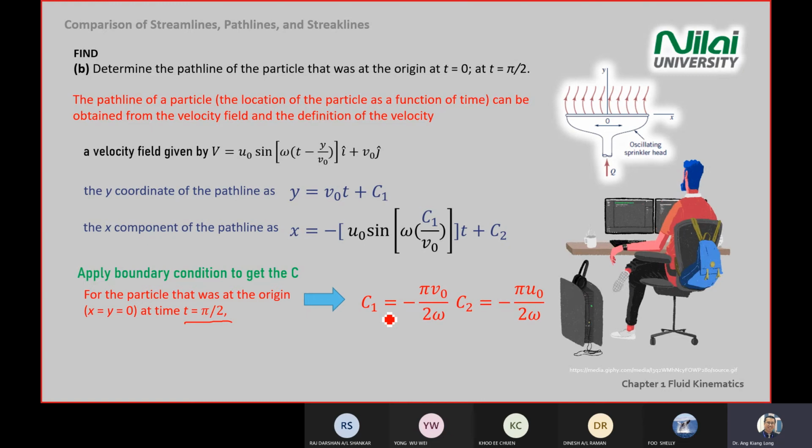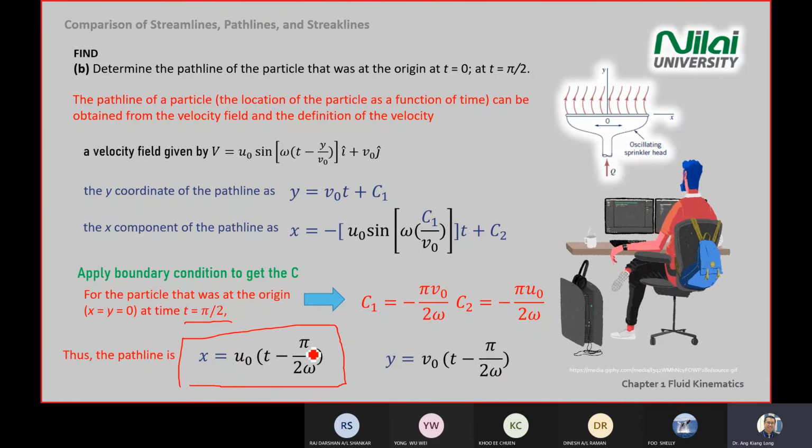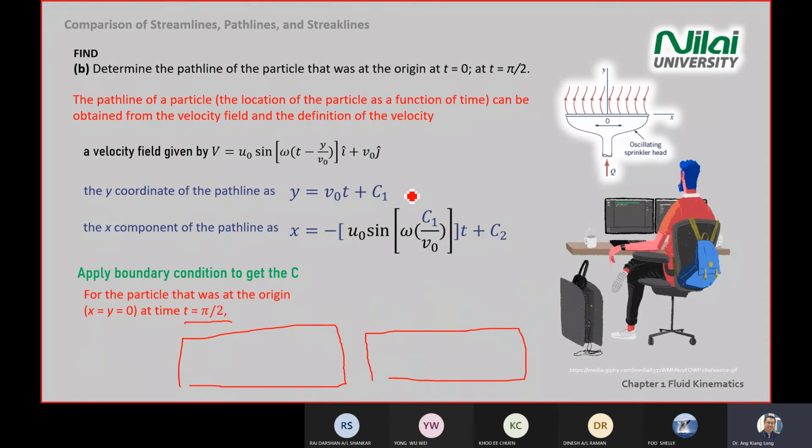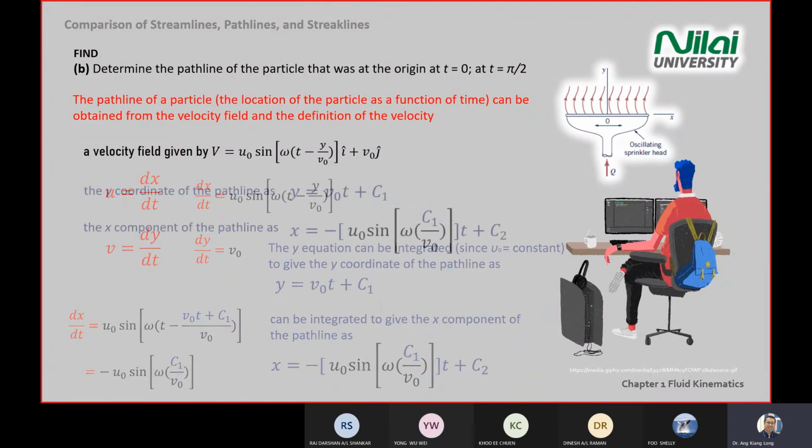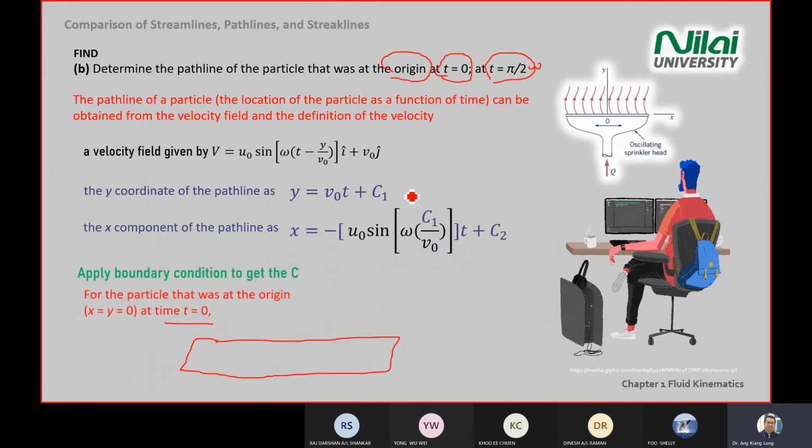Once you get C1 and C2, you substitute into the equation. So you have two sets of equations once you substitute your constant values C1 and C2. This is the second set of answers: x equal to this one, y equal to this one. For the second set, the steps are quite straightforward.